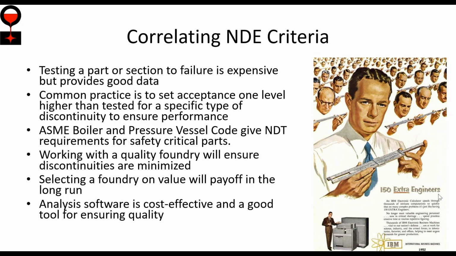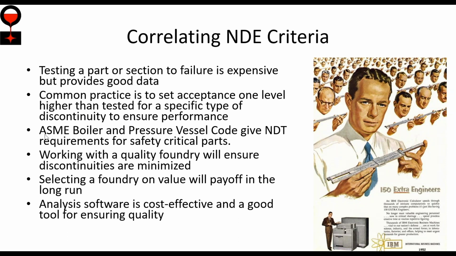One of the challenges we face is that our non-destructive standards really are back from the slide rule era. And because of that, commonly in the past, large industrial companies would test parts to failure, and they would test parts that didn't quite meet the standard to make sure that they complied.